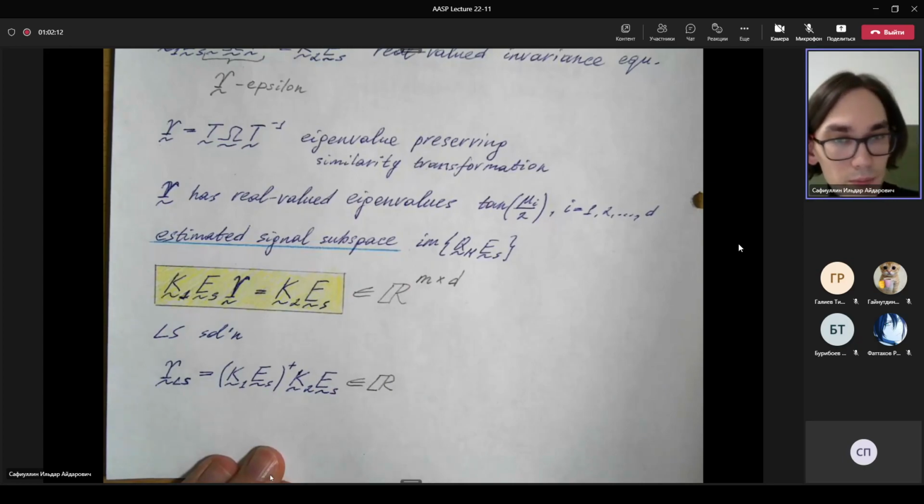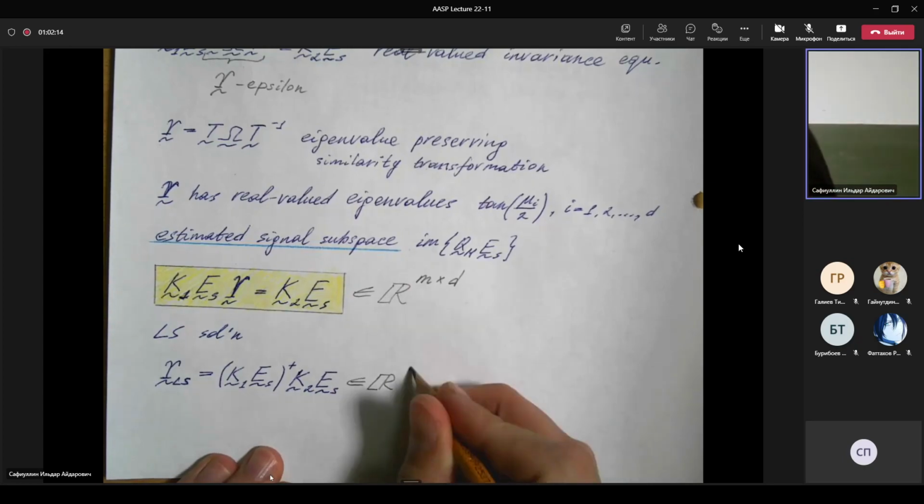This matrix is real of size small d times small d.